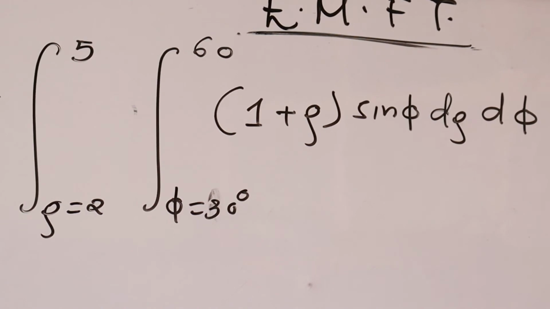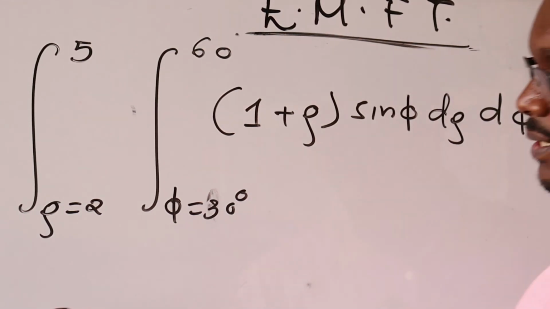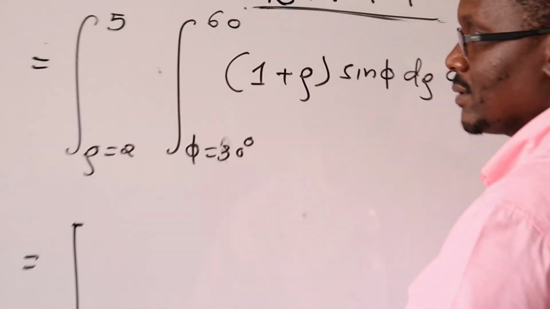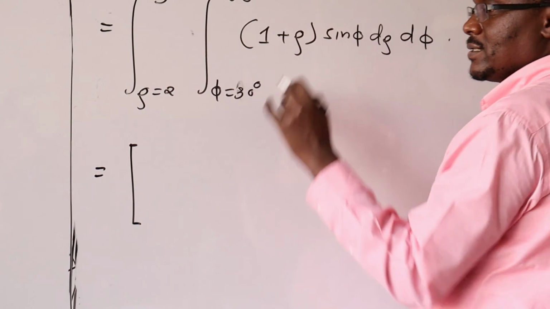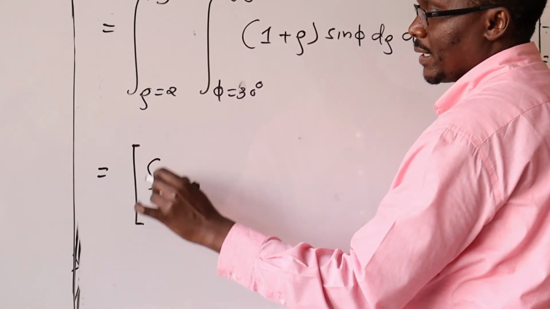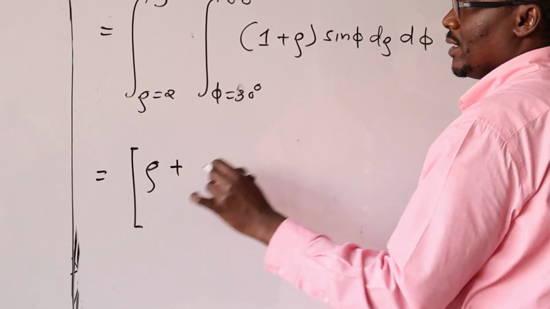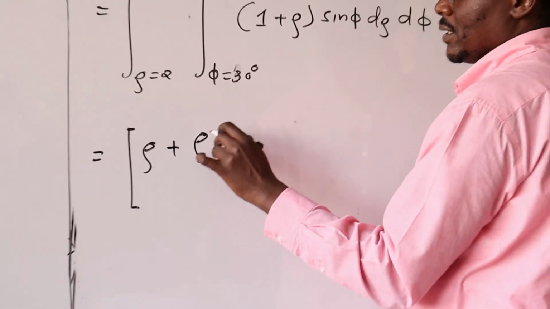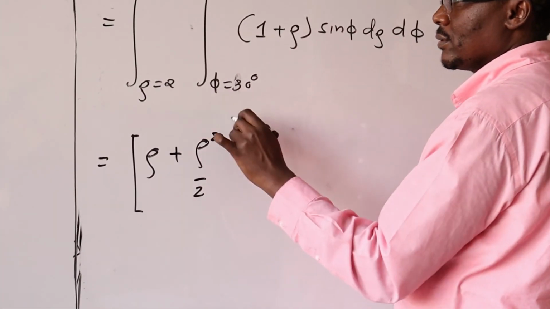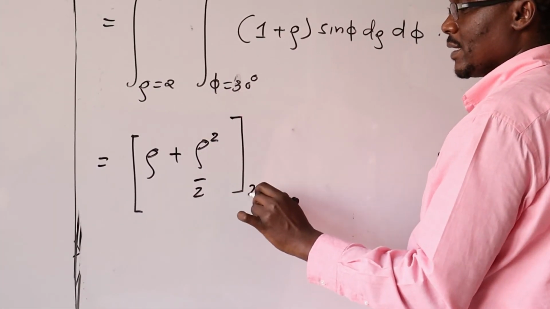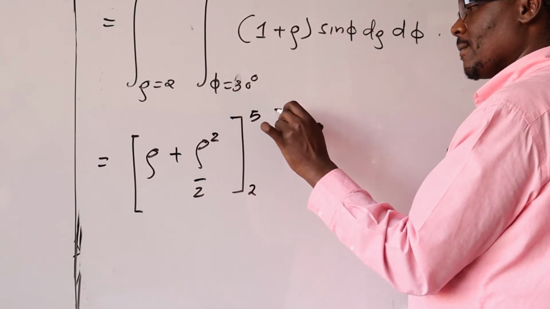So if you integrate sine and if you integrate this term, we are through with our question. If I integrate 1, I'll get rho. If I integrate rho, it gives me rho squared over 2. Limits of integration are 2 to 5.